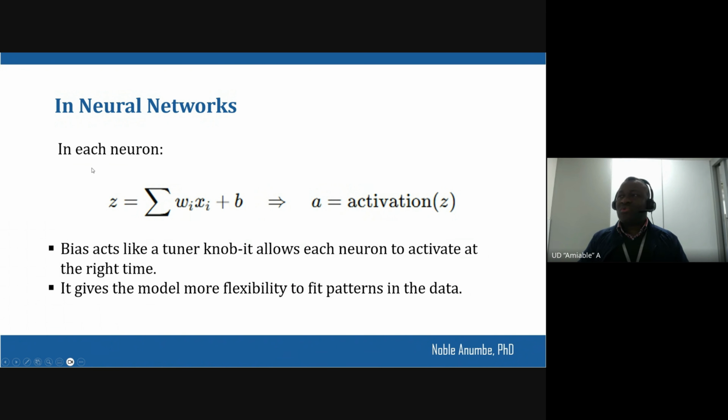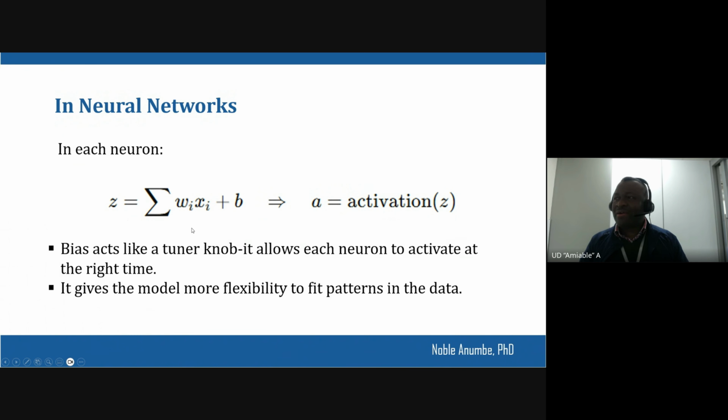So in neural networks, in each neuron, this is what's happening, right? So you have your w1 x1 plus b, right? And summation, what does summation mean? Summation is essentially w1 x1 plus w2 x2 plus w3 x3.